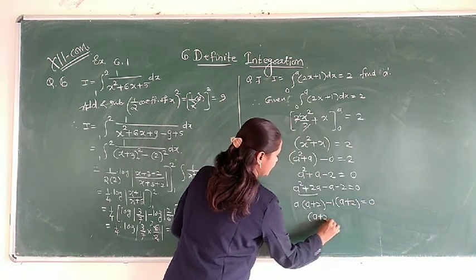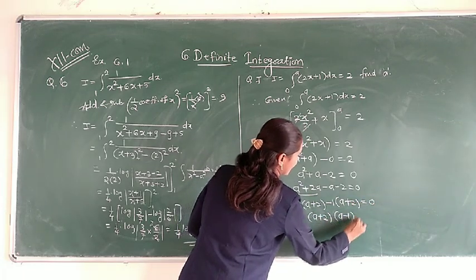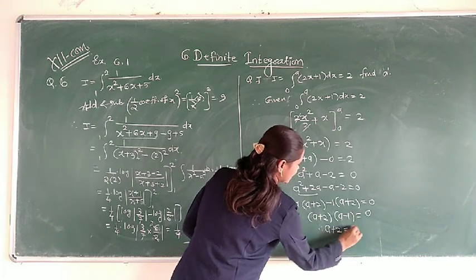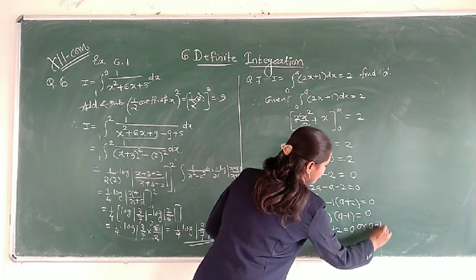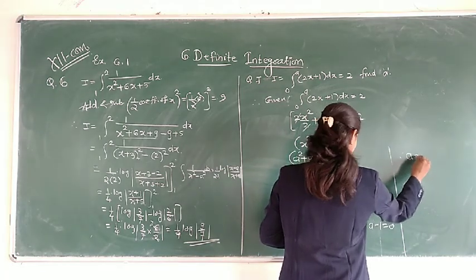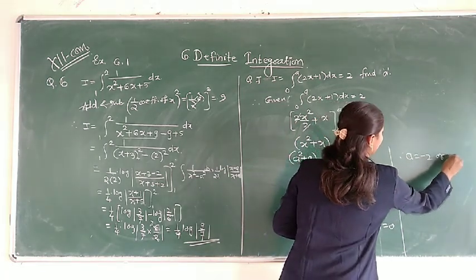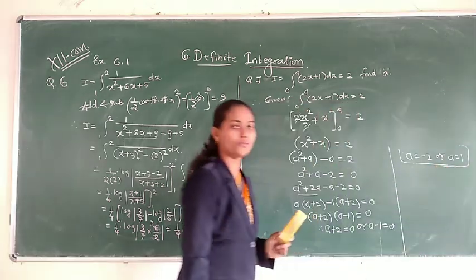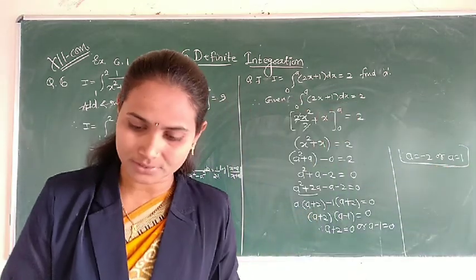Therefore, a plus 2 into a minus 1 is equal to 0. Either a plus 2 is equal to 0 or a minus 1 is 0. Therefore, the values of a are minus 2 or 1.